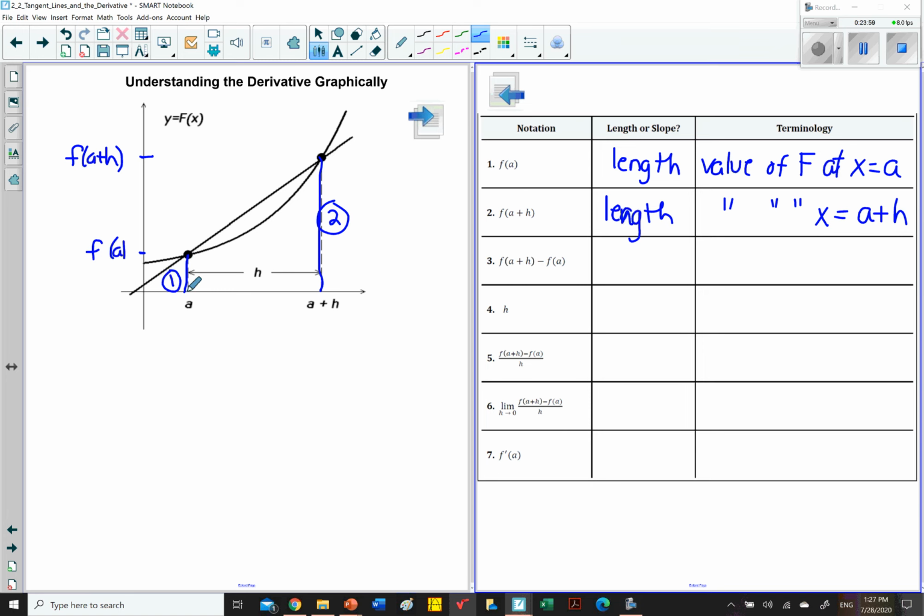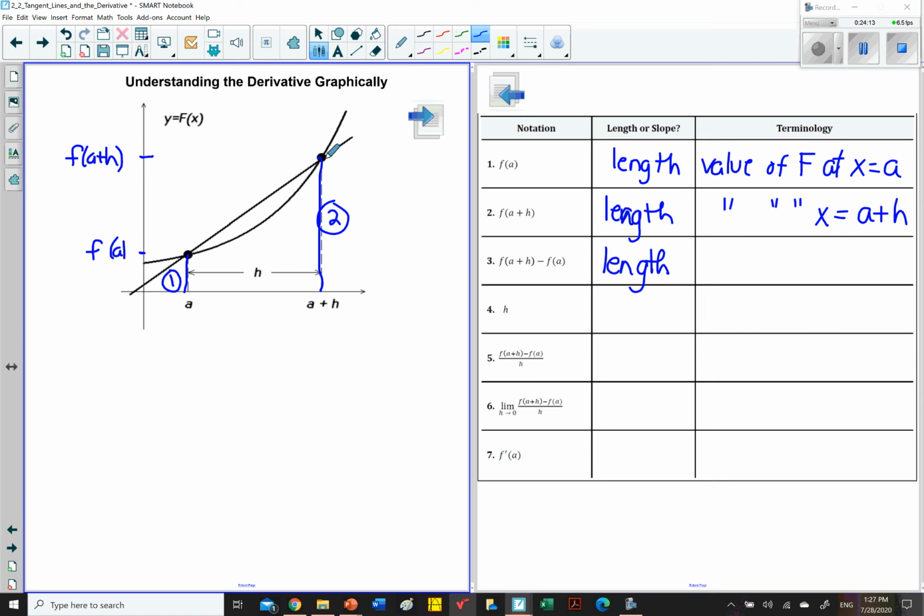And then how about the f of a plus h minus the f of a? What would that be? Also a length. And how could we draw that on here? Here's the f of a plus h minus the f of a. So it would be the length from here to here. Let me erase some of this.